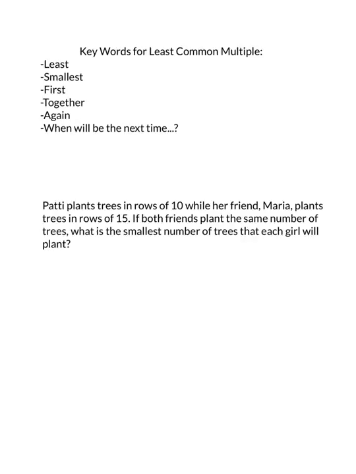If you see the word least, that's a clue you're going to use least common multiple, or smallest. Smallest is the same as least. Or first, together, again, when will be the next time? So if we were thinking about our list of multiples, we want the first pair of numbers that are the same, or the smallest numbers that are the same.